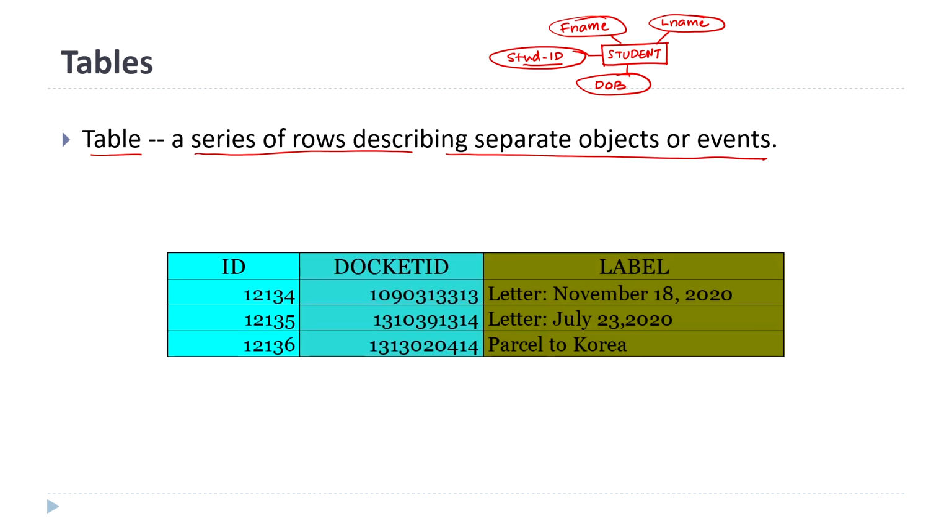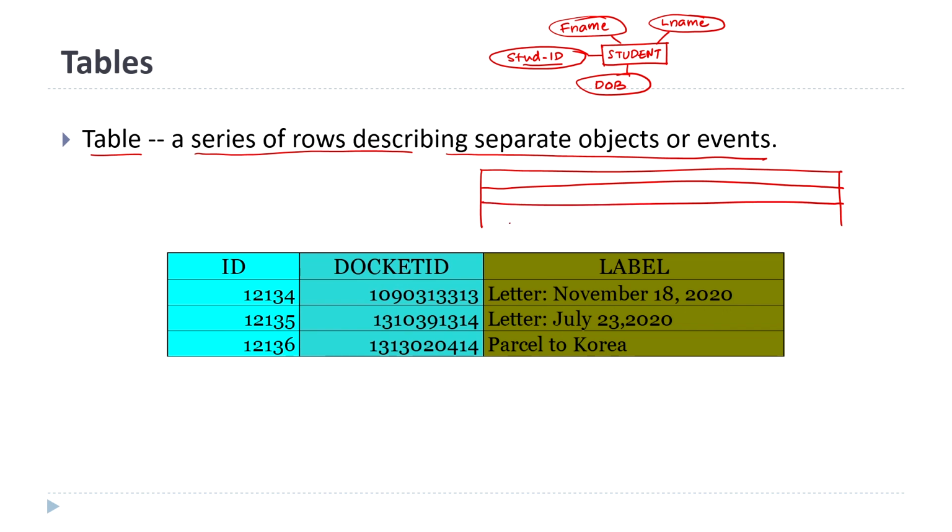Then one way to think about it is that this can be translated to a table like this, where you have student ID, first name, last name, date of birth.